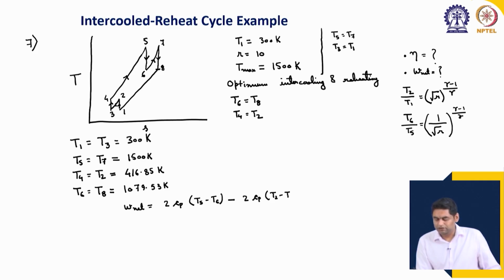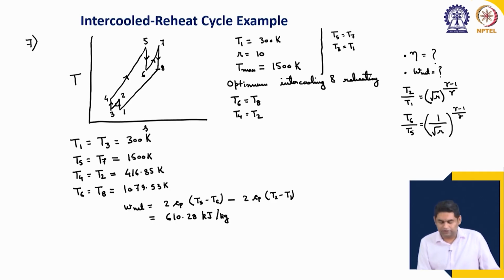Again, because T4 minus T3 is equal to T2 minus T1, we are writing this as 2 Cp (T2 minus T1). Okay. Replace the values and you will get a work output value of 610.28 kilojoule per kg.